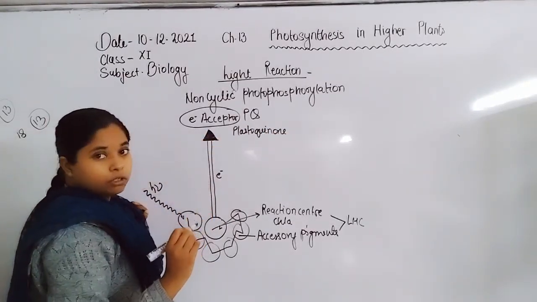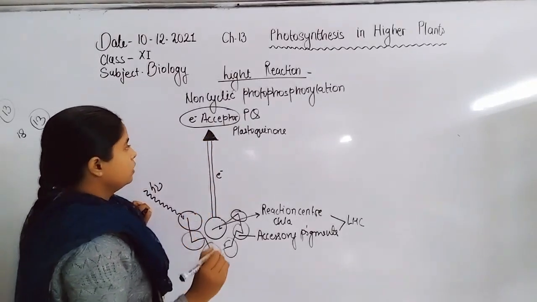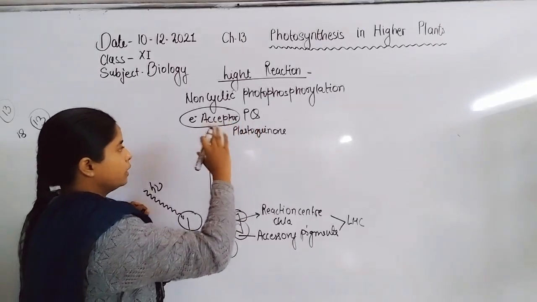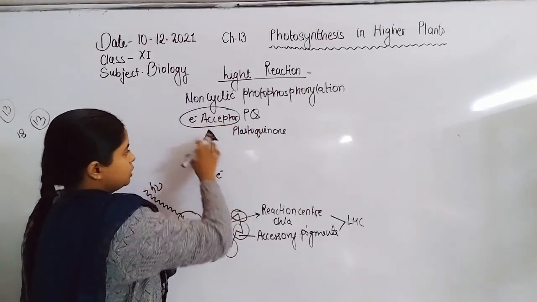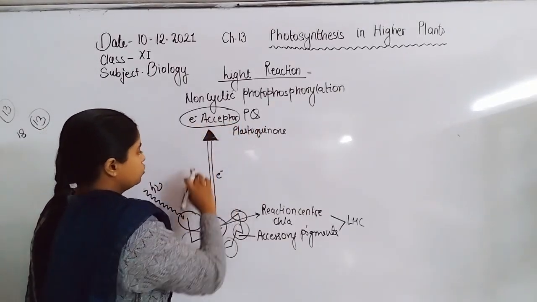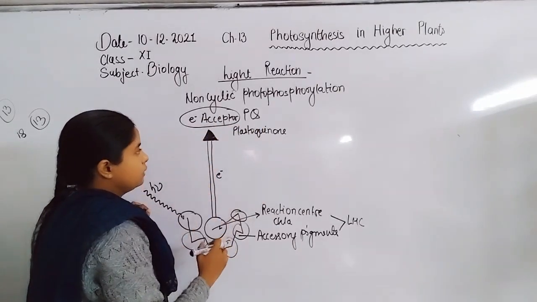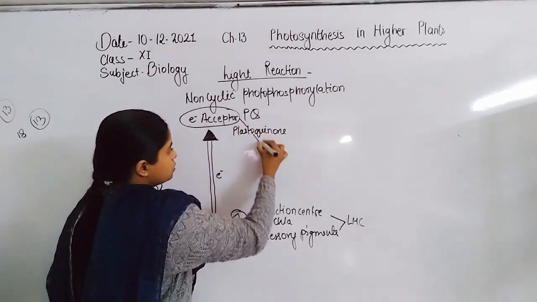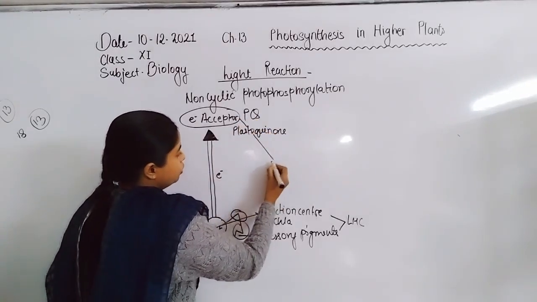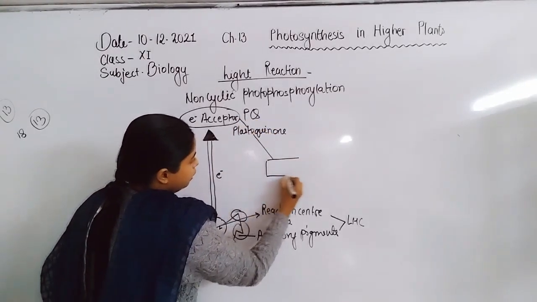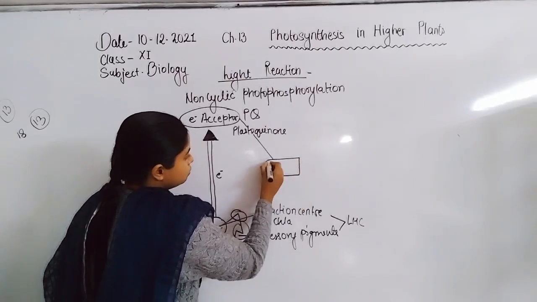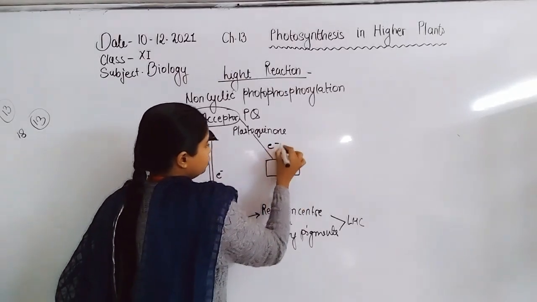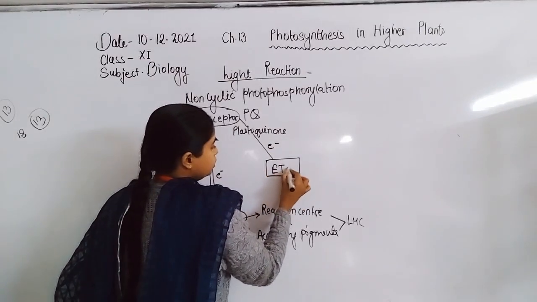Plastoquinone is a proton acceptor, but during that time it releases the proton and accepts the upcoming electron from the reaction center. Then the electron is transferred by plastoquinone in a downhill manner to the electron transport system.